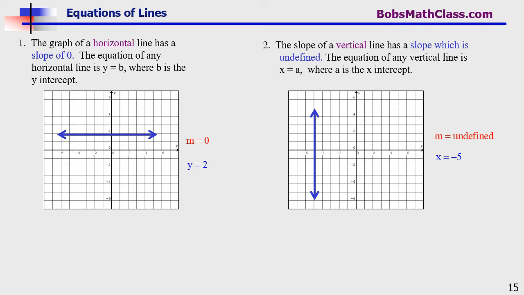In this example on the left, it's going through 2 on the y-axis, so the equation of that line is y equals 2. Any horizontal line is always y equals a number, whatever number it goes through on the y-axis.